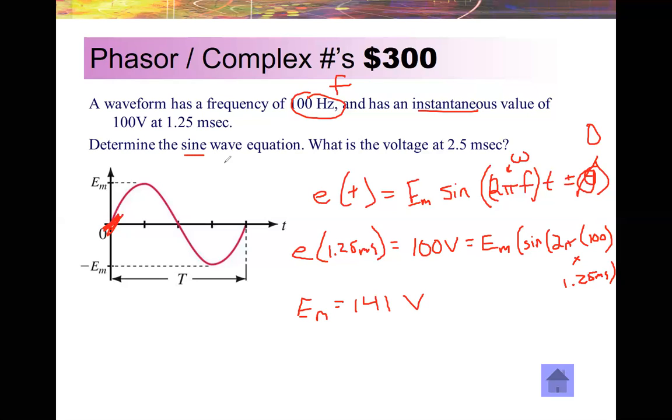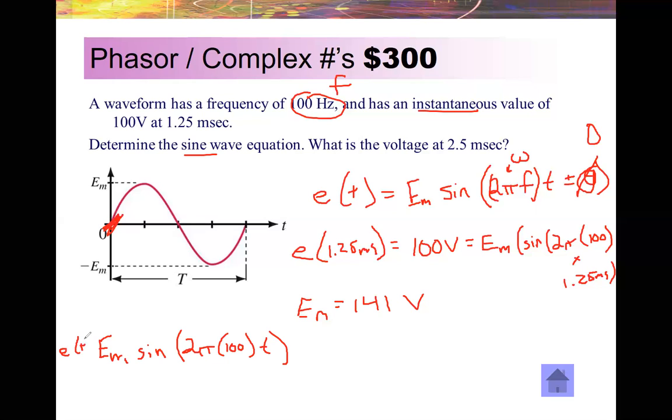So we must find the sine equation. Let's just plug in the terms that we've now solved for. Sine, in that we still have 2 pi f, 2 pi 100, you could say 200 pi, t, because it's our variable, and we already determined that theta was 0.